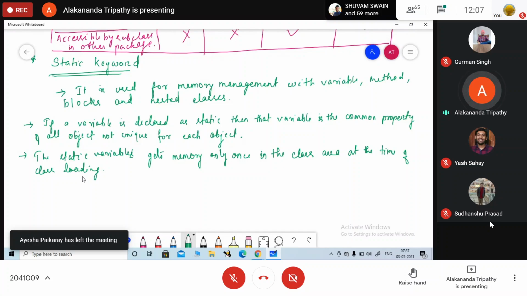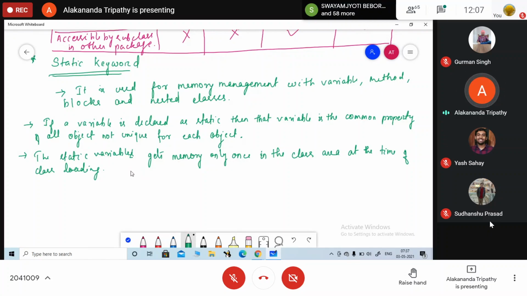Okay, so the static variables get memory only once in the class area at the time of class loading. So it saves memory. It basically saves memory. So what does all these things mean?